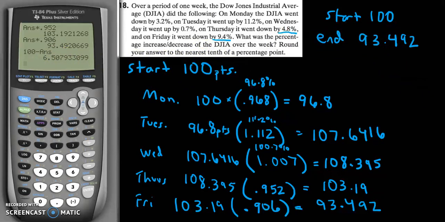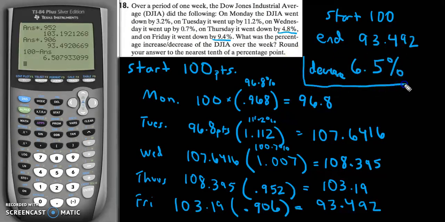So it went down by 6.5. Now, does that necessarily mean 6.5%? Well, it depends. In general, no, but since we started at 100, then it does. So the net result is that it decreased by 6.5%. So just kind of doing that increase-decrease thing 5 times in a row.